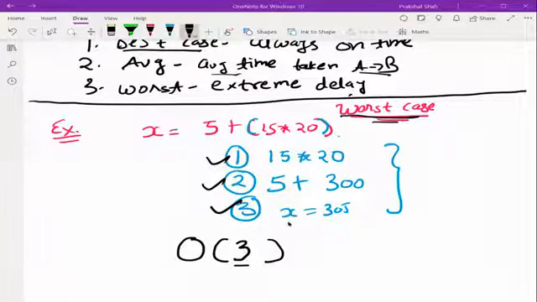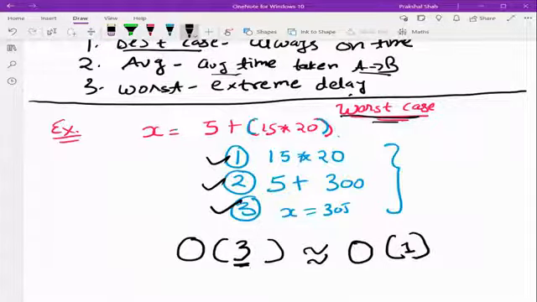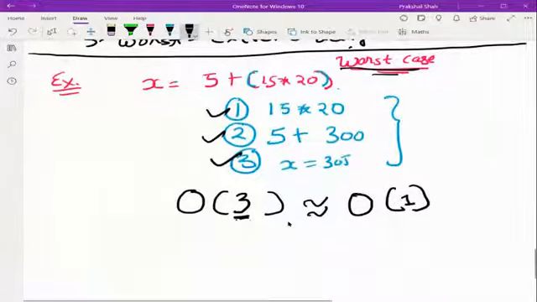Now this is my thumb rule. Please remember it by heart: every time we have any constant, the constant is neglected and assumed to be order of 1. 3 is a very small number; if I write 3 or 1, both are equal. If we are comparing a large number of inputs, the 3 will be ignored, so it will be order of 1.